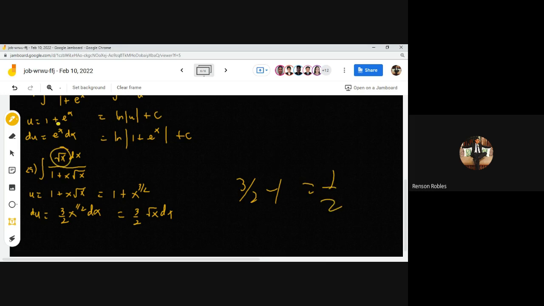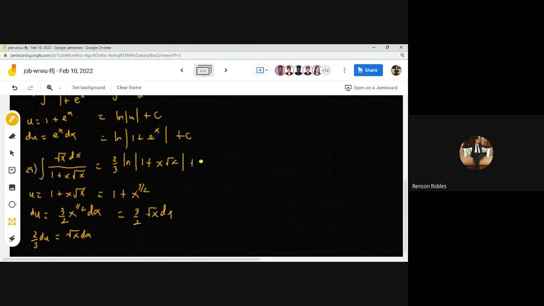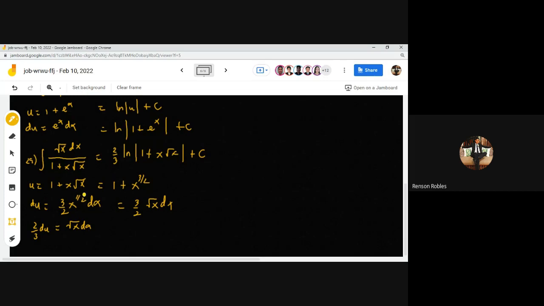If you were able to follow the rule, that's 2/3 du equals square root of x dx. So this is 2/3 ln of 1 plus x square root of x. That will lead you to du over u.